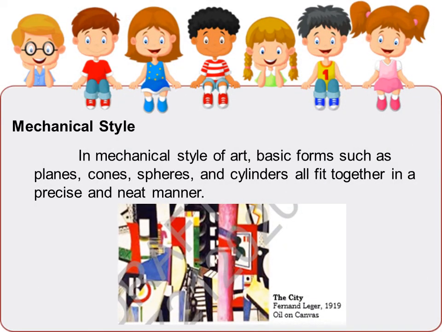Next, we have the mechanical style. In mechanical style of art, basic forms such as planes, cones, spheres, and cylinders all fit together in a precise and neat manner. The picture on your screen shows an example of a mechanical style painting by Fernand Léger, called The City.